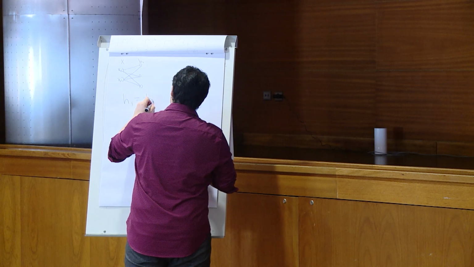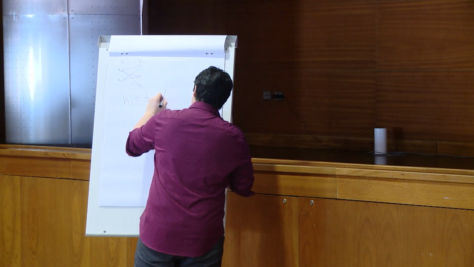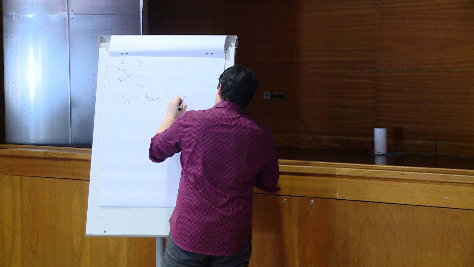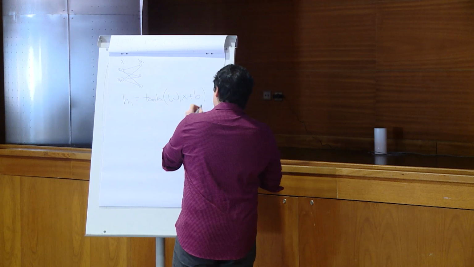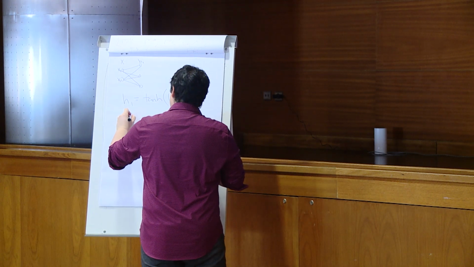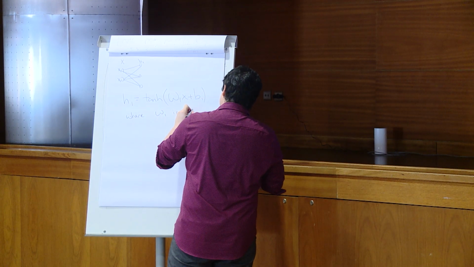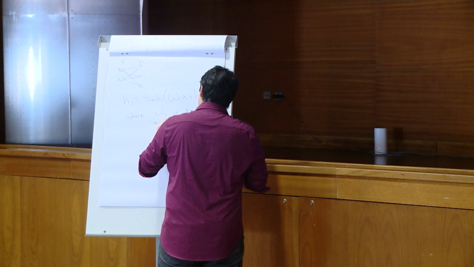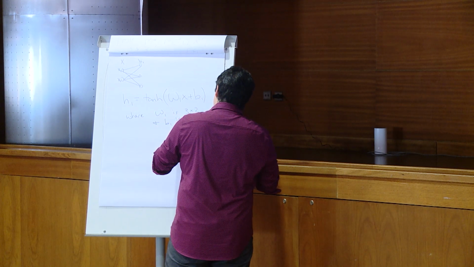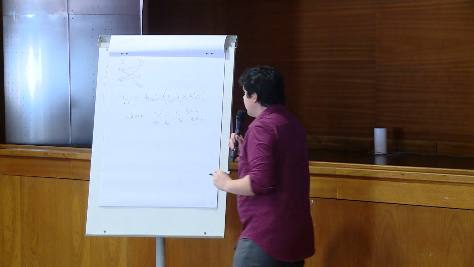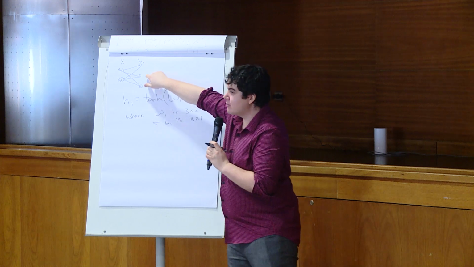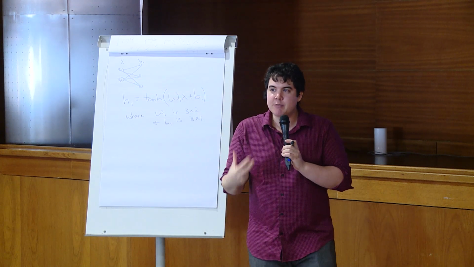tanh(W1 x + b1), where W1 is 3 by 2 and b1 is 3 by 1. And so when you see these pictures of a neural network, that's what it's meaning.